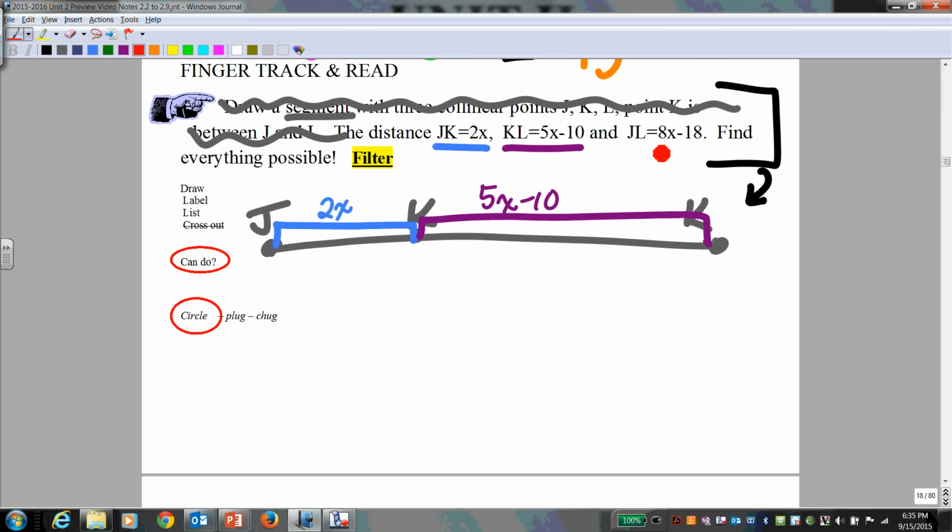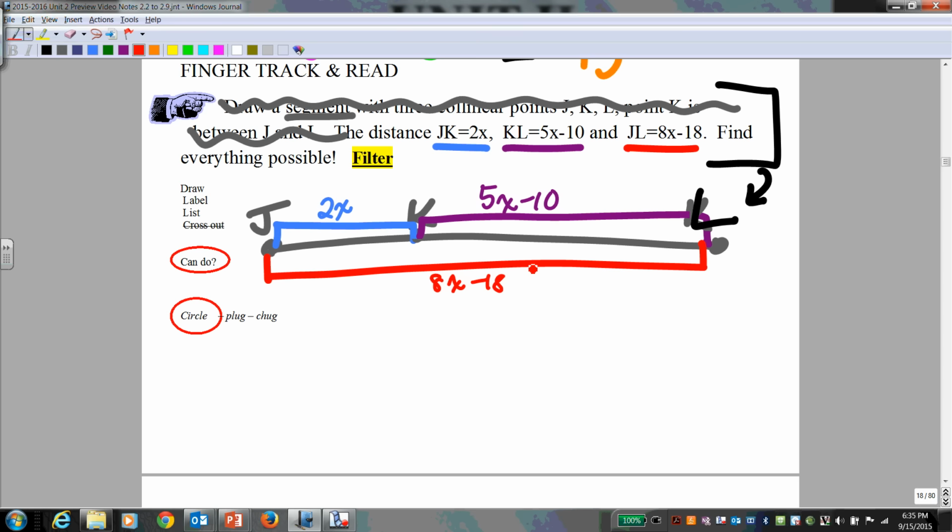And then we're told the distance J to L is 8x minus 18.